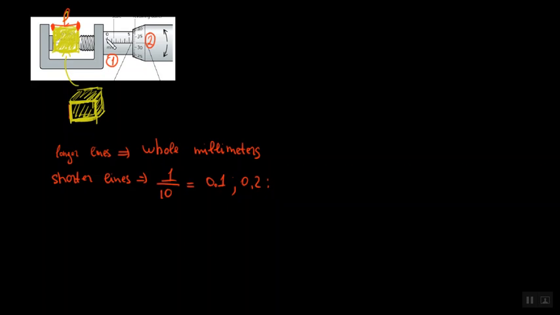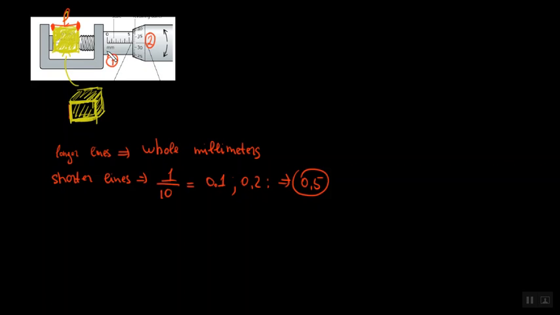They may show that, but in this case they just show 0.5. Each of these shorter lines is showing 0.5 here, because between 0 and 1 there's one, between 1 and 2 there's one, between 2 and 3 there's one of these shorter lines. That is why these shorter lines represent 0.5.